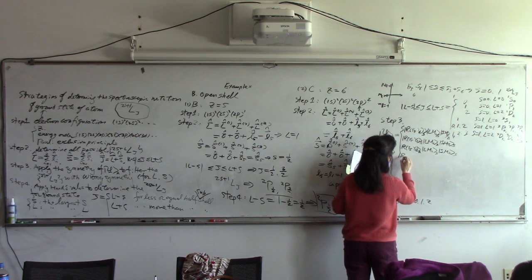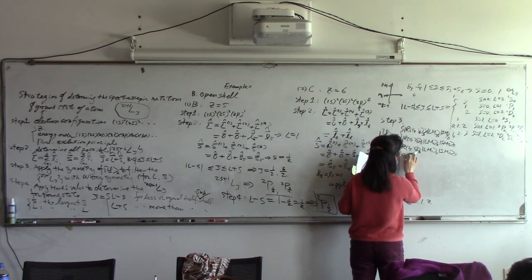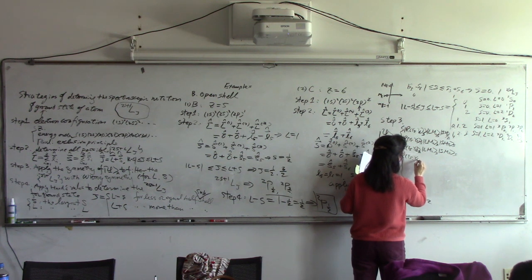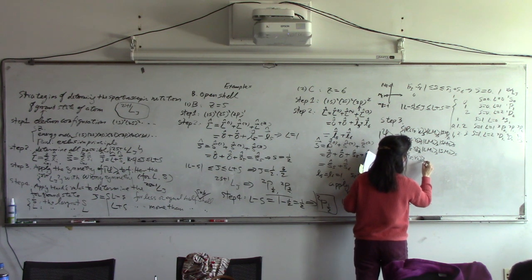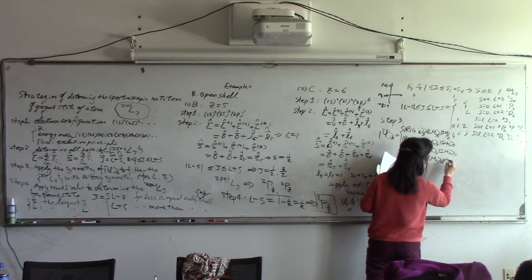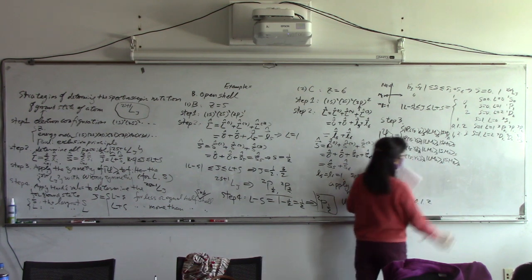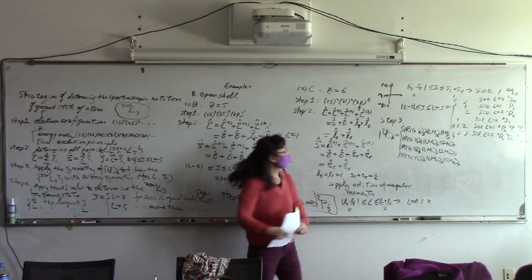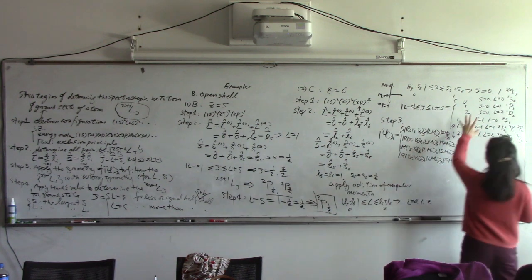The last one, the orbital still antisymmetric, but the orbital is antisymmetric also, so the spin is symmetric. The spin is antisymmetric. So we are going to analyze among those.